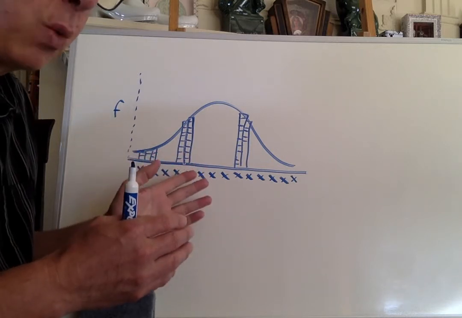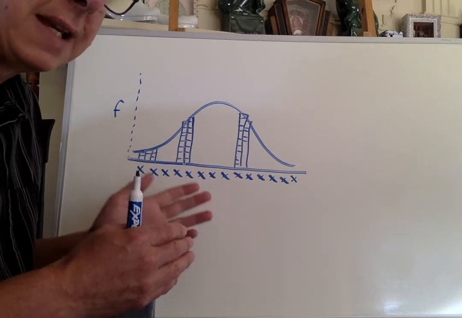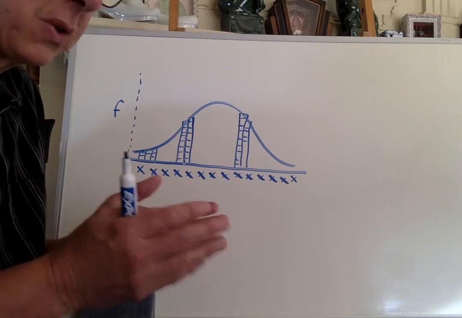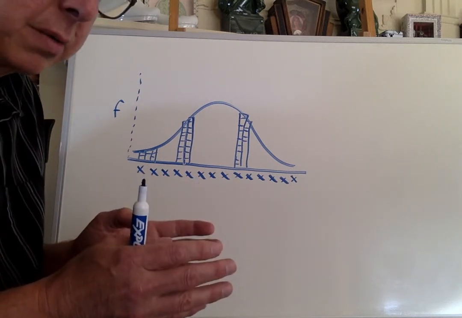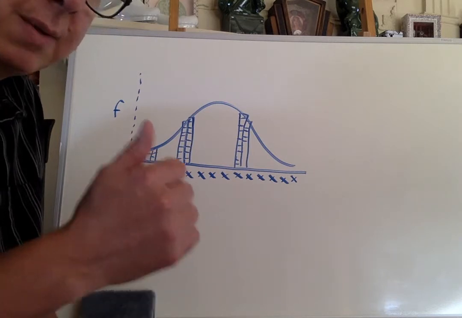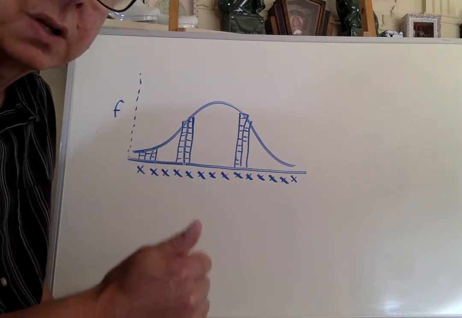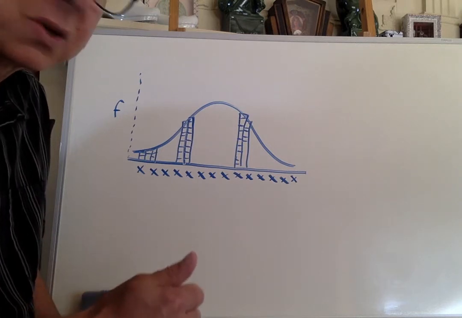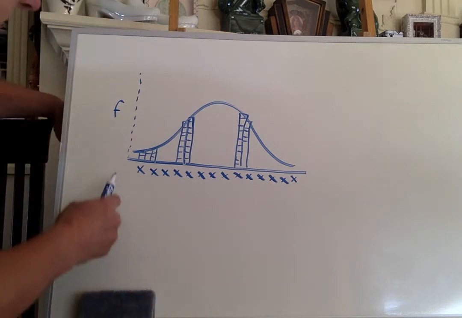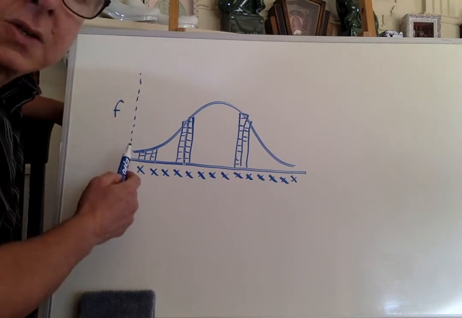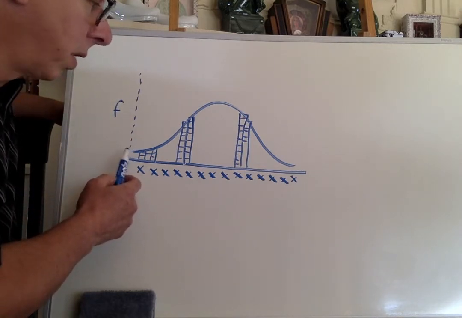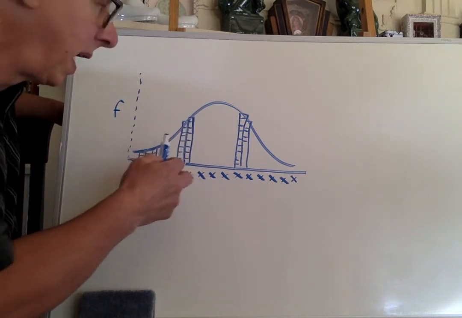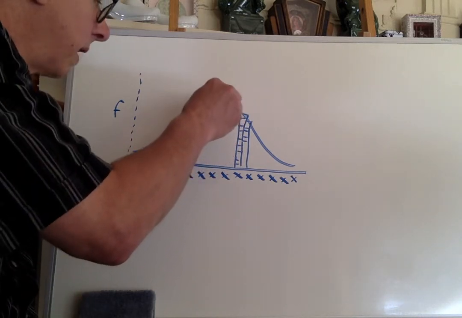Could we identify where the mode is in this distribution? And the answer is, I hope you could, because what am I asking you? I'm asking you, what is the most frequent score? That's the mode. The most frequent score is the mode. Well, if the y-axis is frequency, then we're going to find the highest spot in this curve, which is right here.